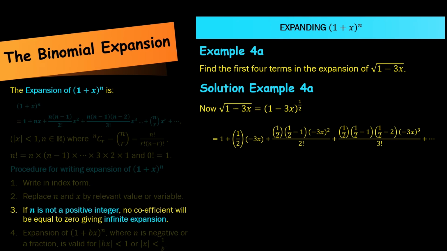Now, since n is not a positive integer, we have n equals 1/2, so therefore n is a fraction. No coefficient will be equal to 0 in this expansion, and therefore we're going to have an infinite expansion.